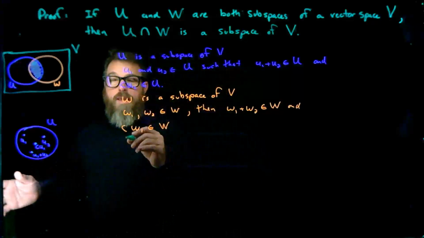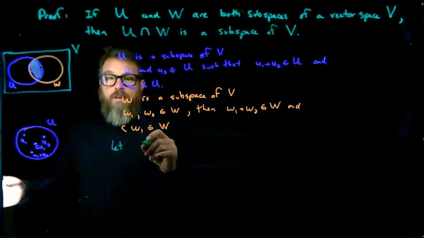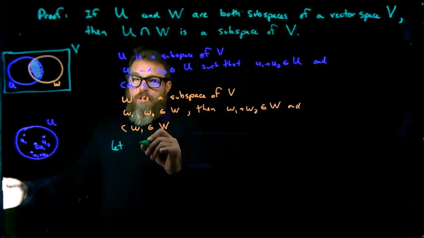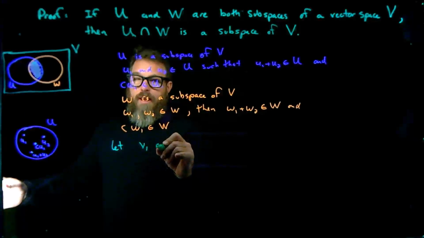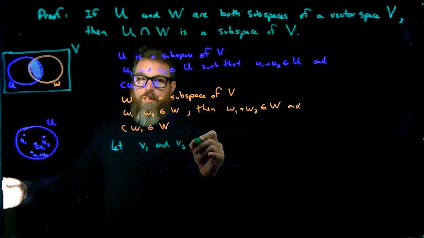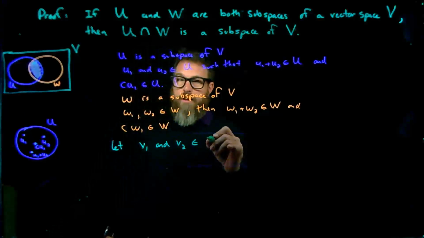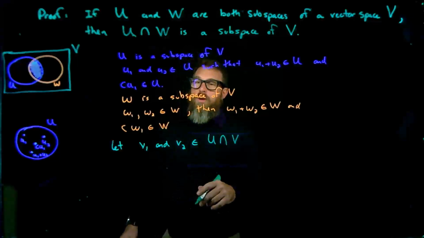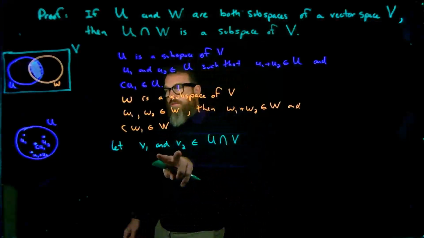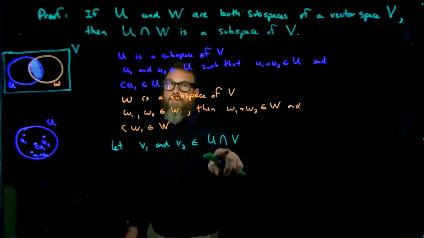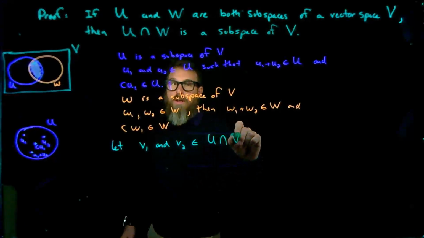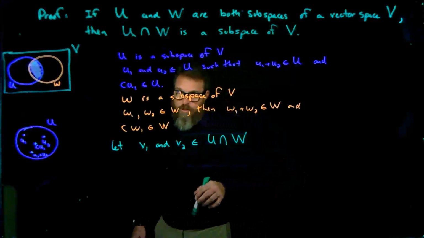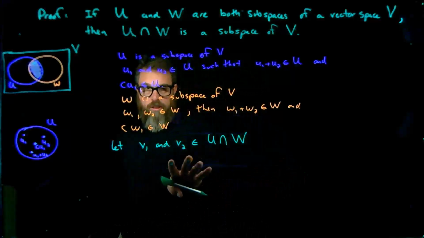So what I'm going to do is let V1 and V2 be elements of U intersect W. What I need to prove is that these things are closed under vector addition and scalar multiplication. Now, what does it mean to be in the intersection?